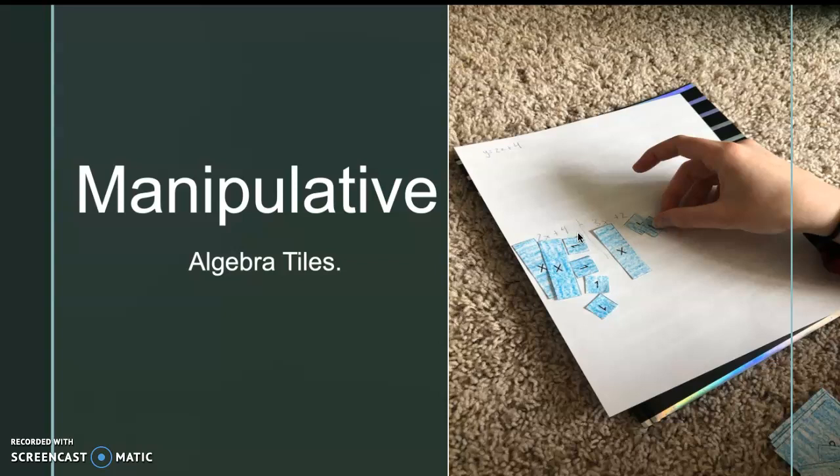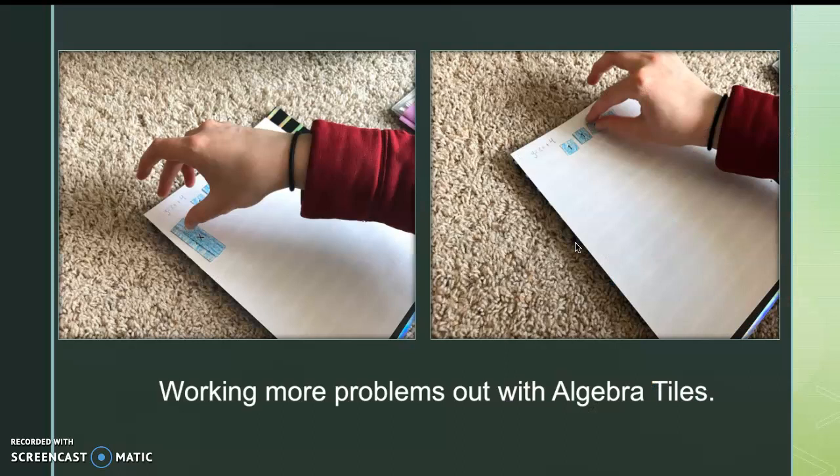So as you see, she put 2x here plus 4 and started putting 2 here and had to find 2 more to place here. After that, I taught her how to cancel out the x's, so it would have come out to 1x, and how to cancel out the y-intercept, so the 1's, and that would have come out to 2. So it would have been 2 equals x, and she did just good with that.